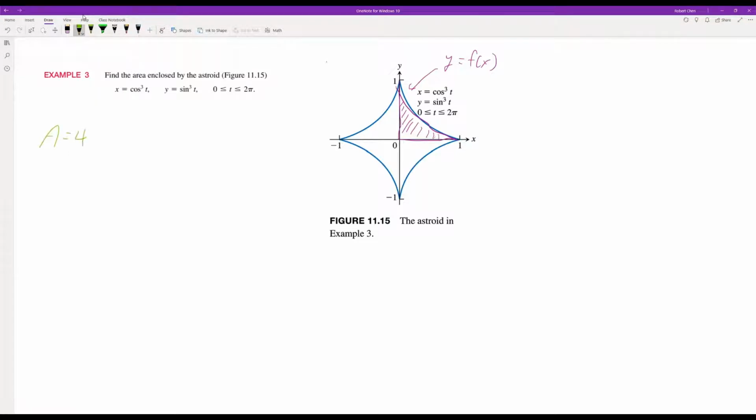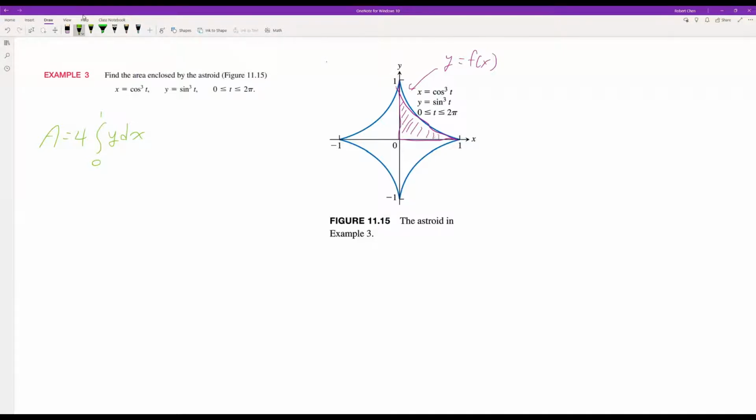Area is 4 times the integral for x between 0 and 1 of y dx. If we want to write this in terms of the Cartesian function, we're using y and dx. But since the functions given to us are in parametric form, we have to replace y and dx respectively.